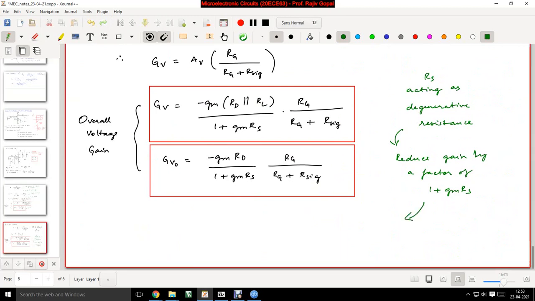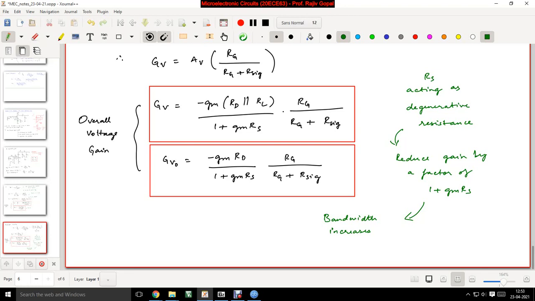Once we look at frequency analysis, in the third or fourth module, bandwidth will actually increase with the reduction of gain. So the disadvantage is the gain reduces, but the bandwidth increases.